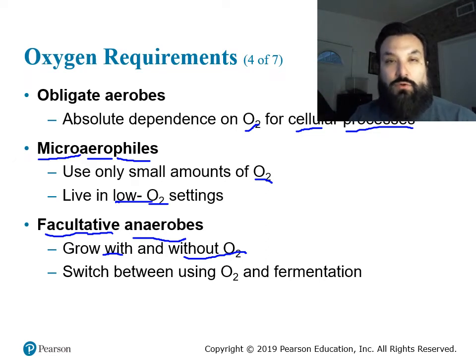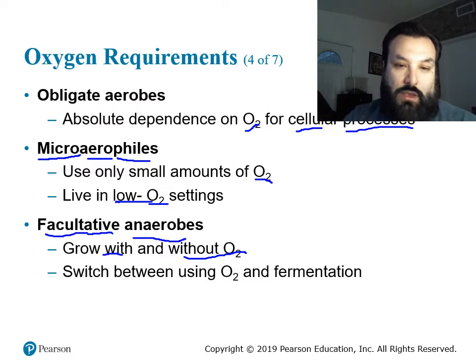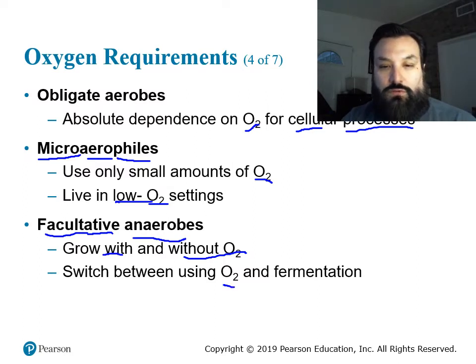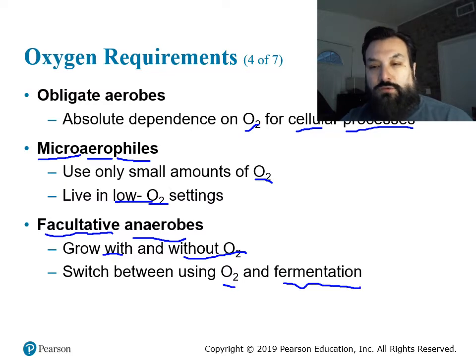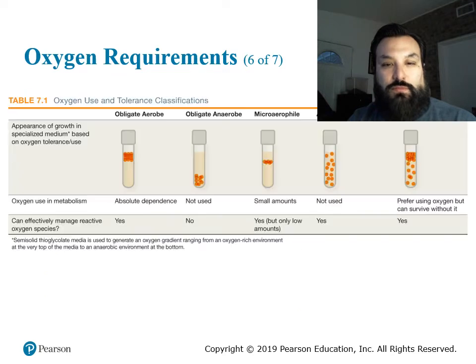Facultative anaerobe, anaerobe means without oxygen, they can grow with and without oxygen, right? These two places, okay? And so they can actually use oxygen, but they can also use another process to create energy, and we call that fermentation. Okay, so they can switch using oxygen to fermentation, and both of which are totally acceptable.